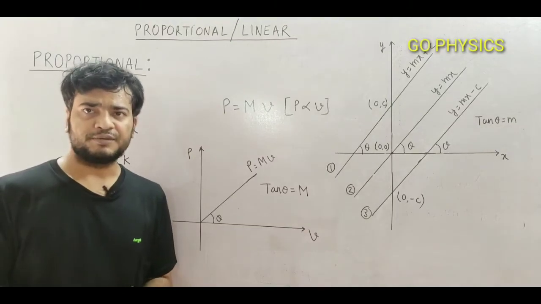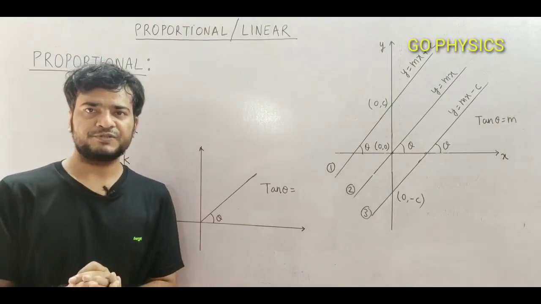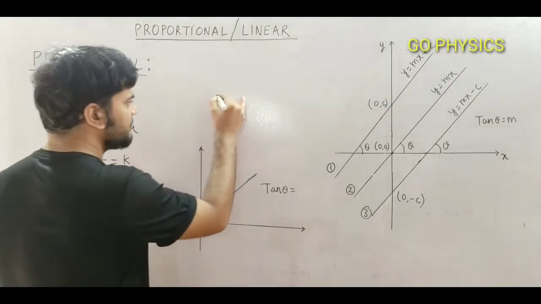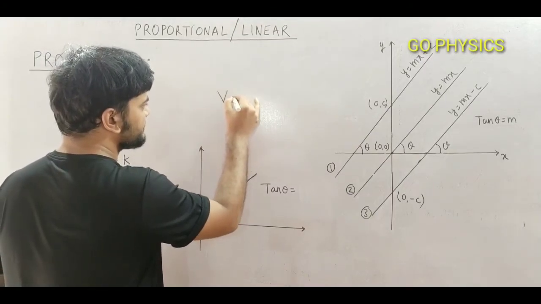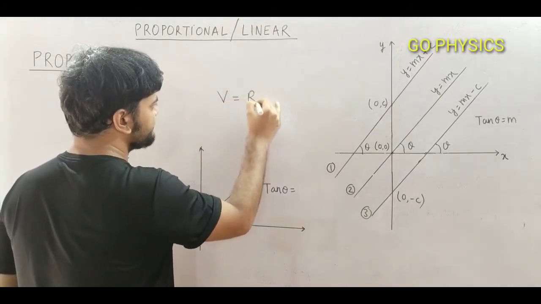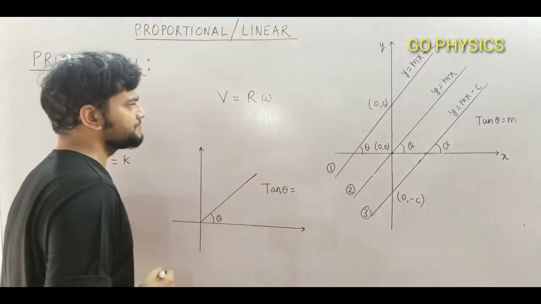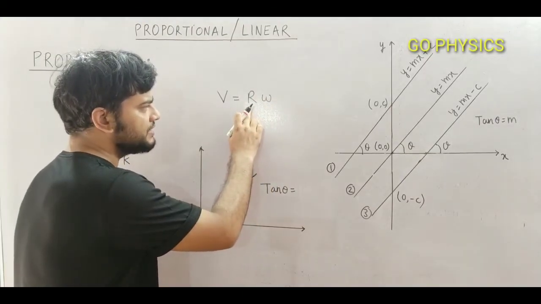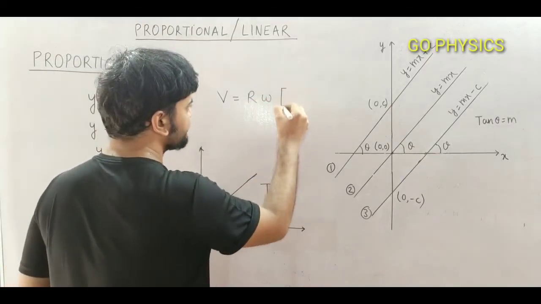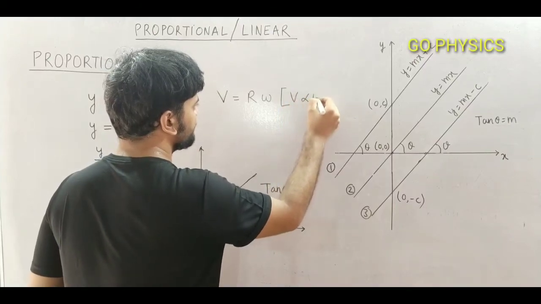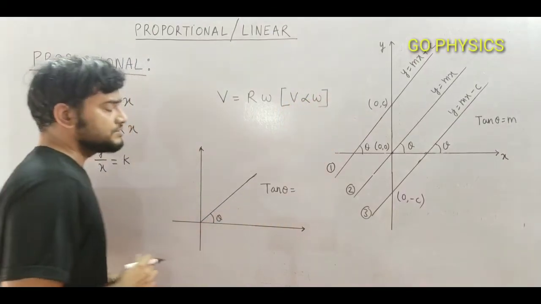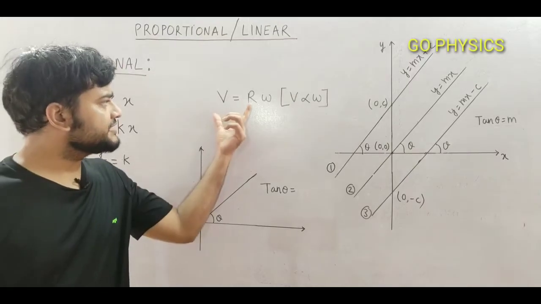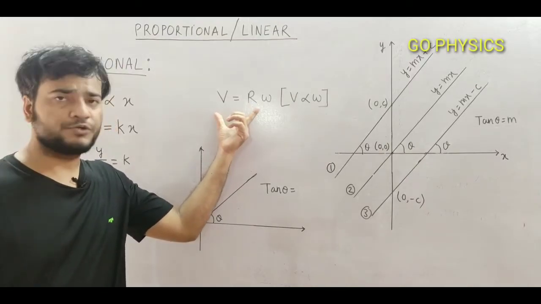Now let's see one more example. In circular motion, we know that the velocity of a rotating particle is equal to its radius multiplied by omega. If the radius of the particle is constant, it means that v is proportional to omega, or the relationship between velocity and omega is proportional.